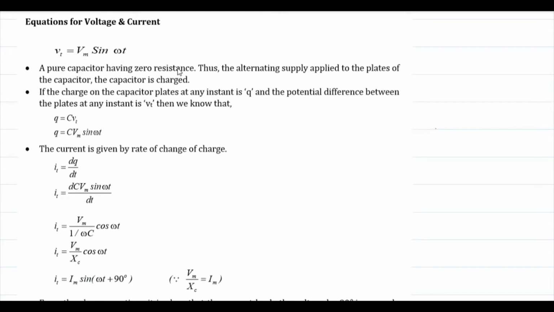Okay. Here is the equation for voltage and current in the case of a purely capacitive circuit. As we have considered, the voltage source supplied to this circuit is Vt equal to Vm sin omega t. As a pure capacitor has zero resistance, the alternating supply applied to the plates of the capacitor will charge up the capacitor.